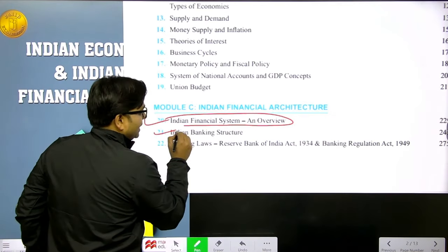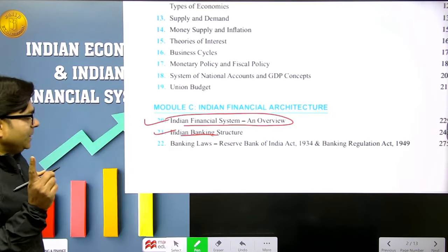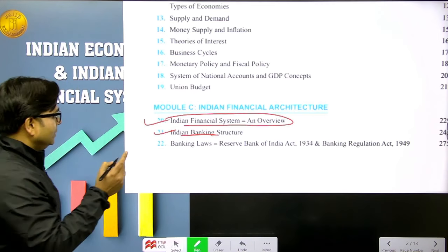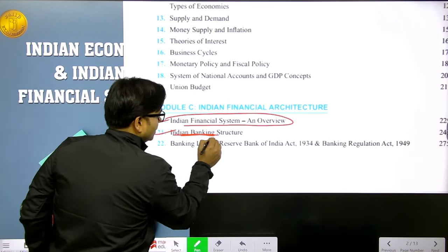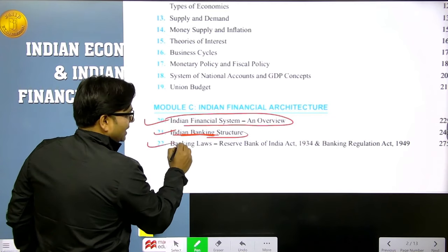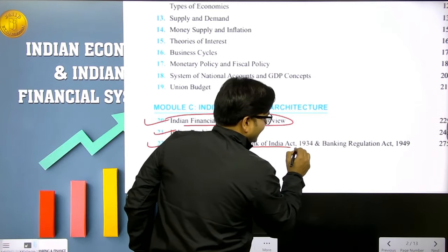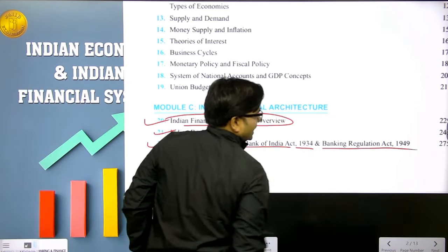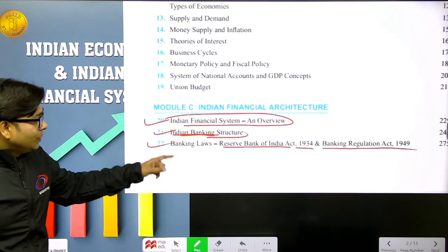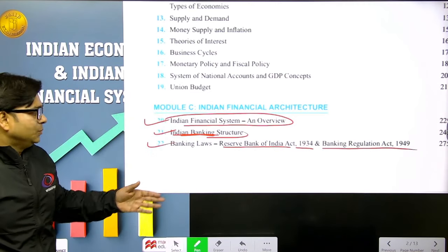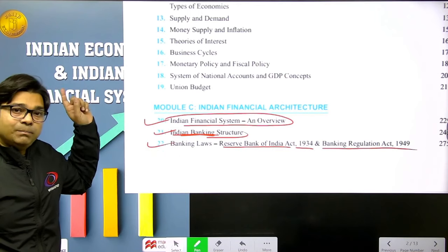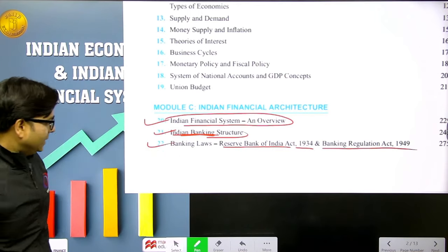Indian banking structure is from that particular module only, and banking laws, the Reserve Bank of India Act 1934 and the Banking Regulation Act. If you remember, you had to read this till 2022. This particular topic was in Banking Regulation, if you remember.